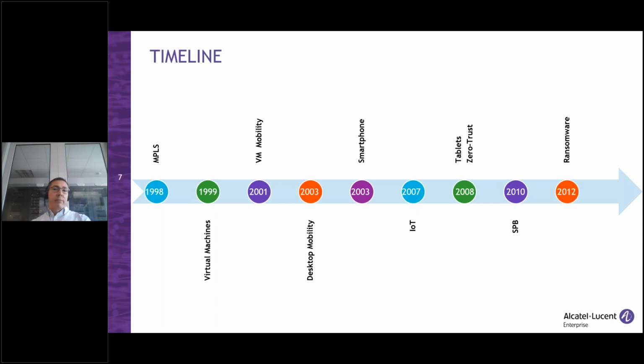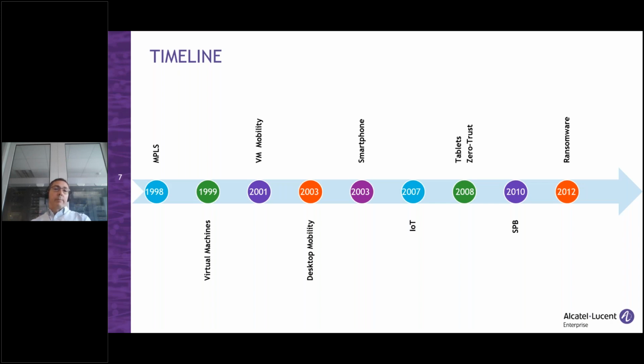However, many things have changed since MPLS was standardized in 1999 with RFC 2547. For example, it was not until 2 years later that VMware introduced the ESX hypervisor, and 2 years after that they launched vCenter, and with vCenter, vMotion. So that is VM mobility.